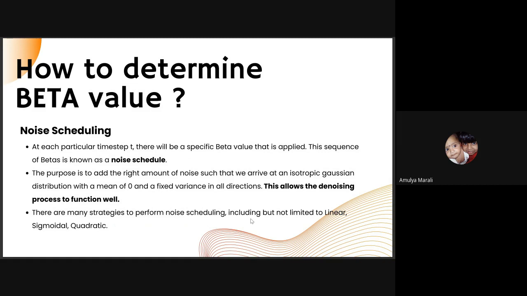Why we need beta and these scheduling techniques is because this allows the denoising process to function well. You are adding this noise, but later when you have trained another model to predict the noise at every instance, using such scheduling algorithms makes the job of that denoising algorithm to predict noise easier.